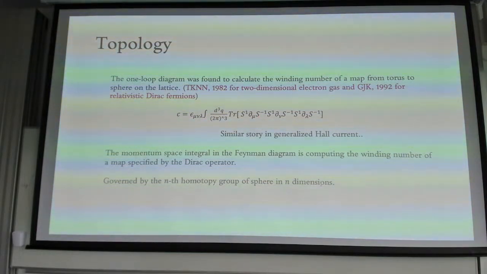This S is the Dirac operator, and it basically gives you a map from a 3D torus, which is the momentum space, to a Dirac space, which is again a 3D space. And so this combination computes the winding number of that map. Okay, and so that's why it gives an integer.